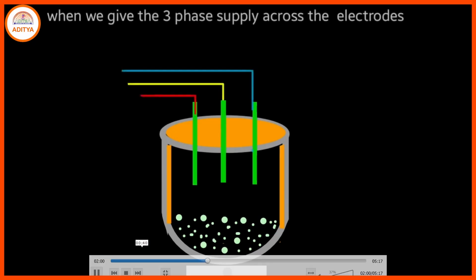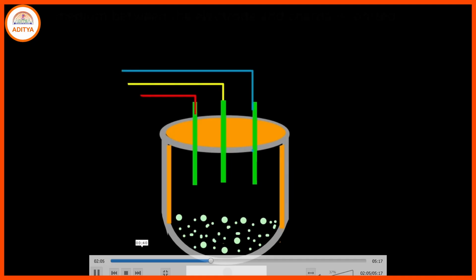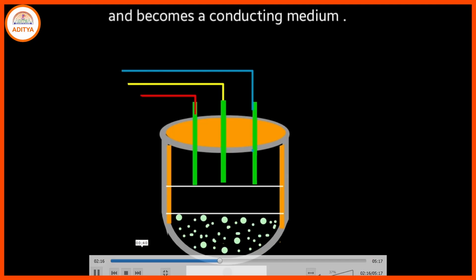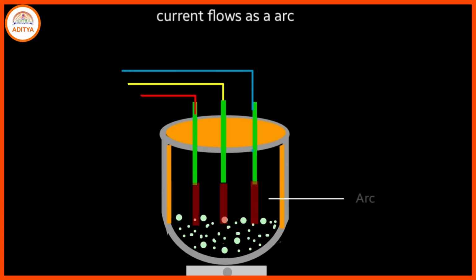When the current is provided, an arc is generated between the scrap and the electrodes, and the air in between is ionized, so an ionized column is formed between the scrap and electrodes.